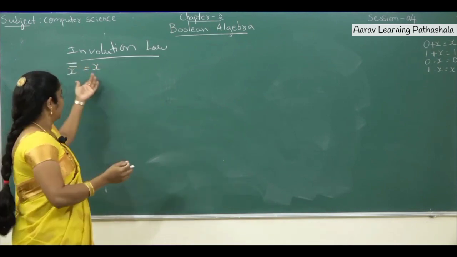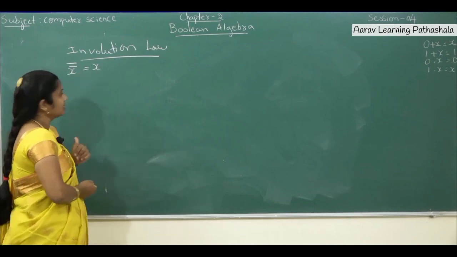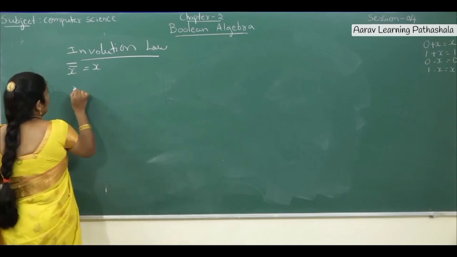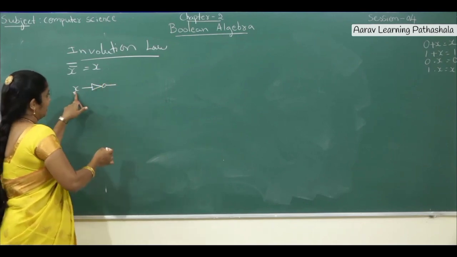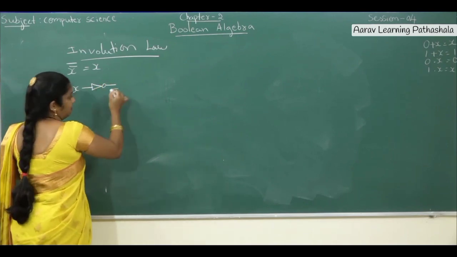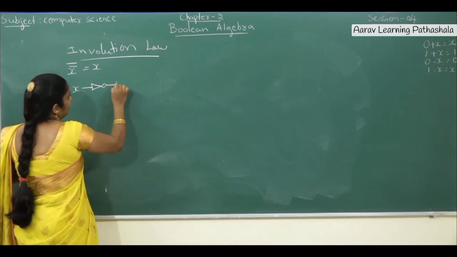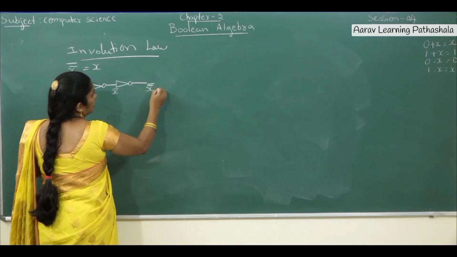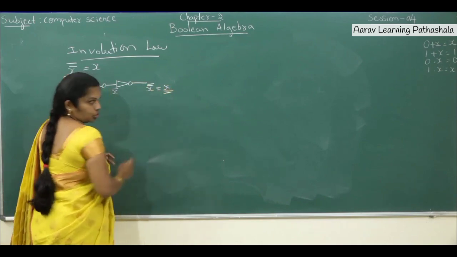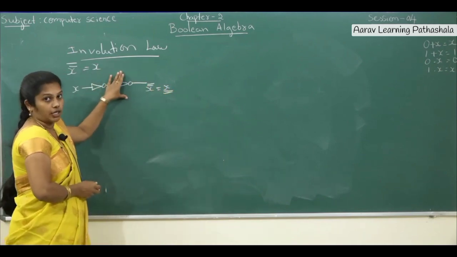Now we will prove that. First we will write the circuit diagram. Only x here, we have only one variable, then here write down the output. If it is x, then here we will get x bar. Once again negate it. Then here the output becomes x double bar. X double bar is nothing but x only. This is the circuit diagram.